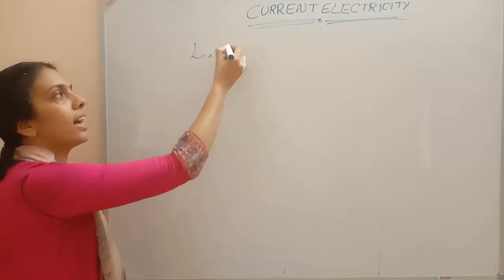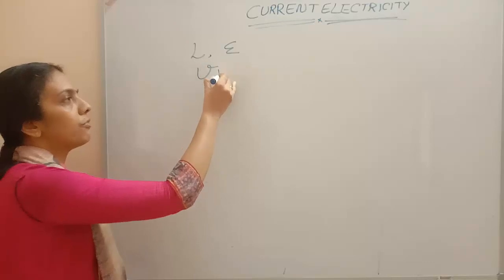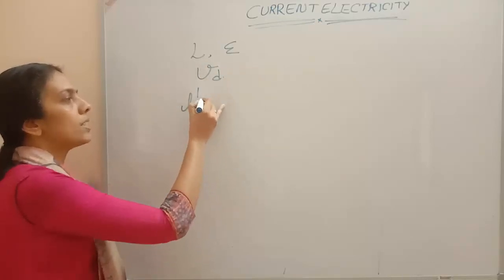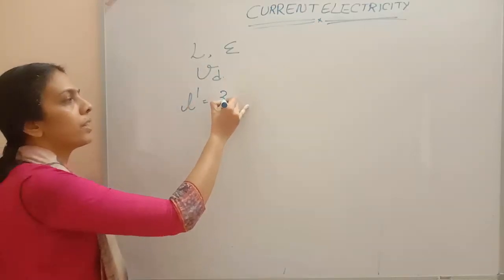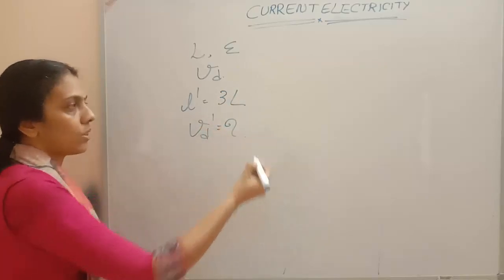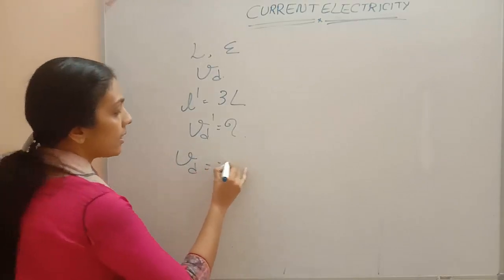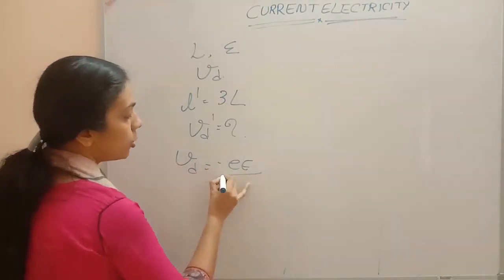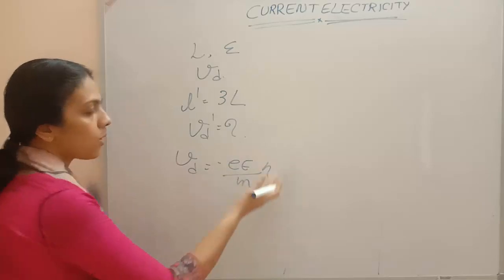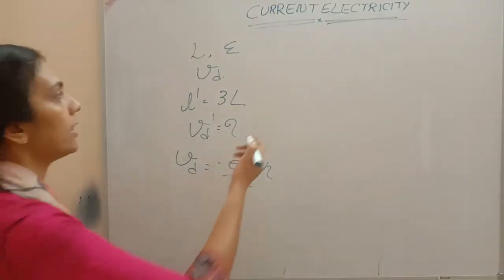L is the length and E is the EMF, and Vd is the drift velocity. If the length is tripled, what will happen to the drift velocity? That is the question. We know the relation Vd equals eE tau by m, but here it has no dependence on L. So we try another equation.